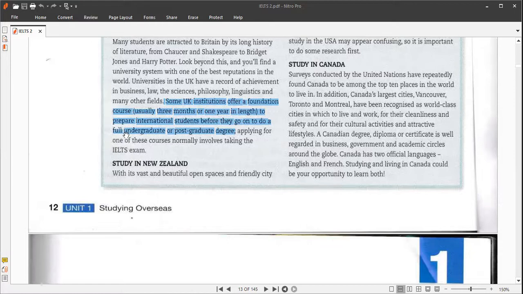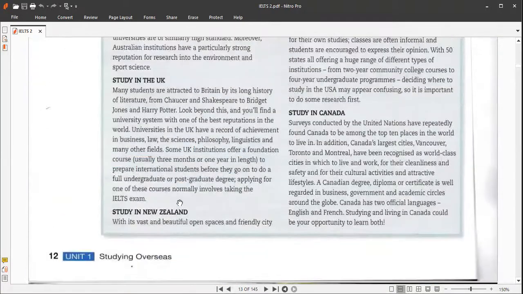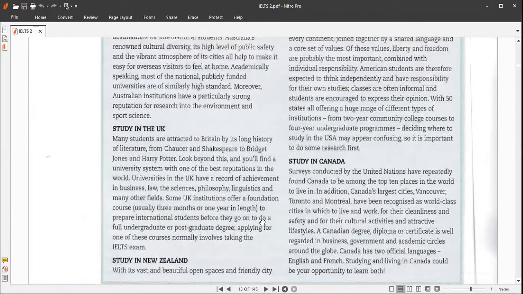Okay, next, what do we have? On which education system, we talk about education system, New Zealand programs founded. So which education system? You will find maybe several education systems, and you will find one system that New Zealand uses, and we know that we have to find it in the New Zealand section. This is New Zealand.